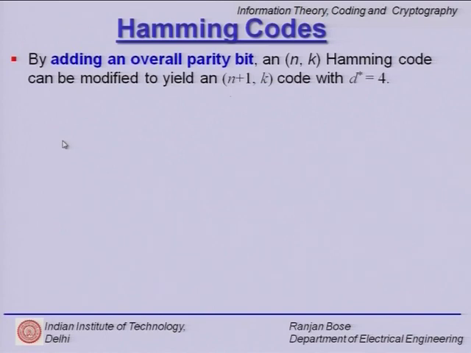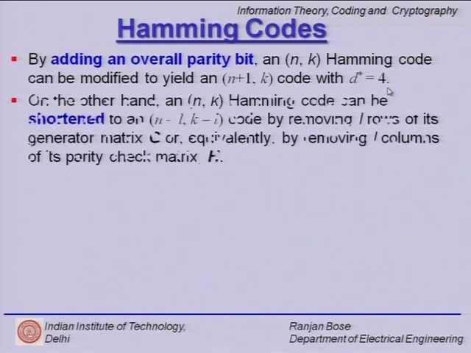Now, let us see what we can do by tweaking it a little bit. Already you have an n comma k Hamming code, you can always modify it to an n plus 1 comma k code with d star equal to 4. What do I mean? By just adding one more bit to the code word, I add a parity bit and make it an n plus 1 comma k code, and suddenly my d star becomes 4. We can go the other way also, and shorten the n comma k code.